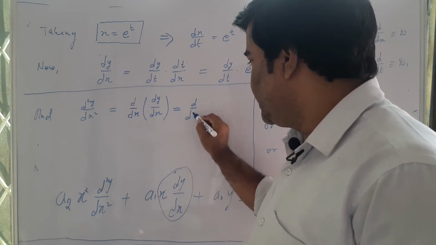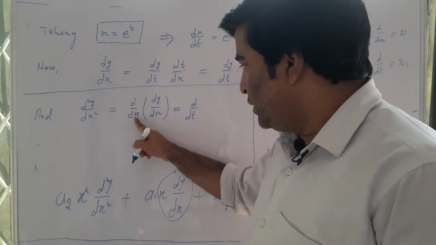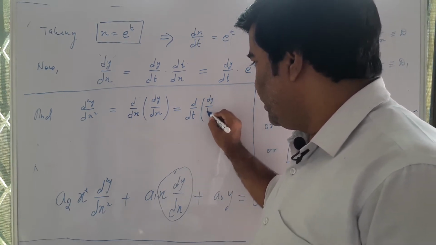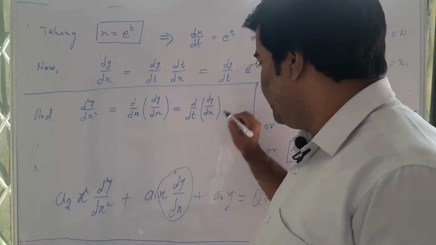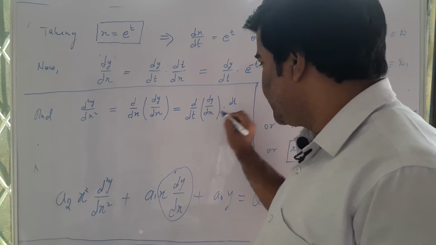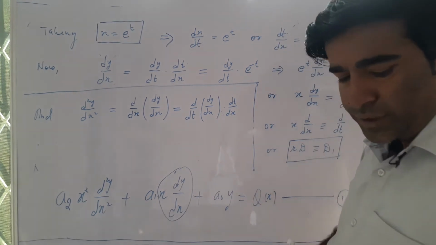We use the chain rule here, we write d over dt of dy over dx, times dt over dx, so dt cancels out and we have d over dx.